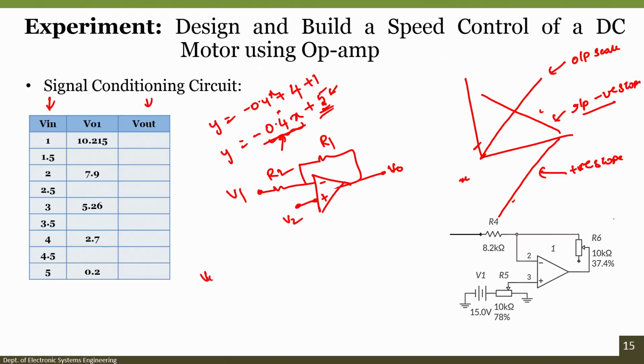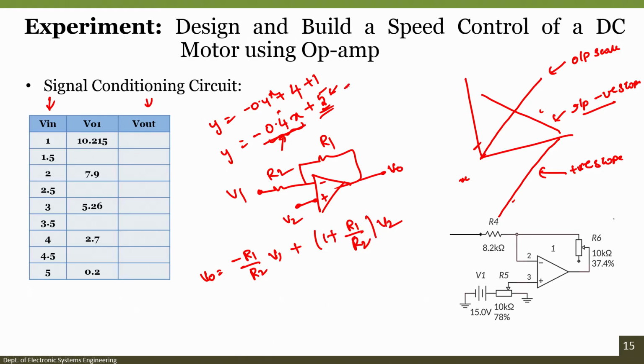Applying the superposition principle, I can write V0 is equal to minus R1 by R2 into V1 plus 1 plus R1 by R2 into V2 as the output.